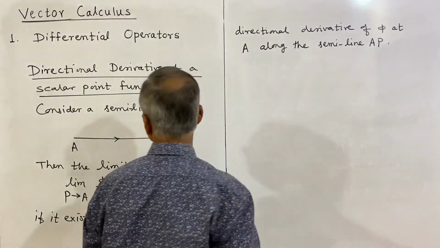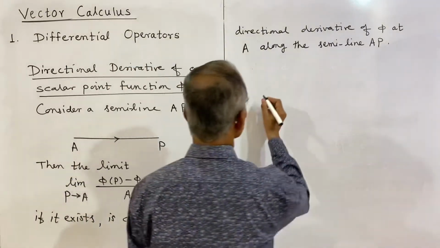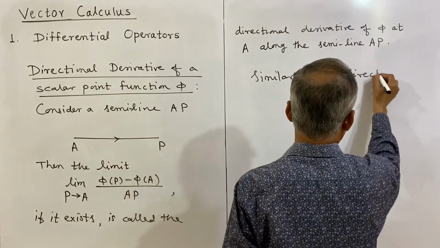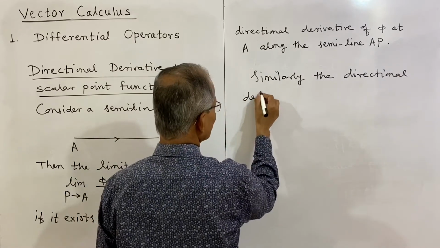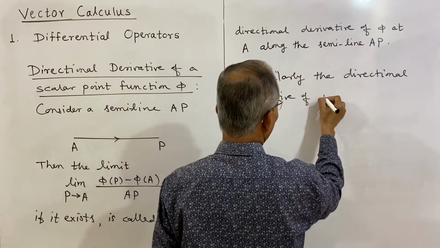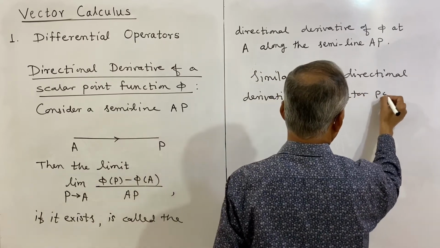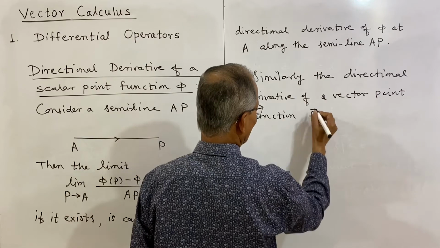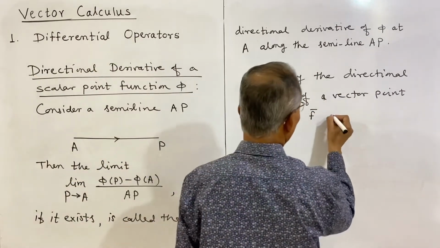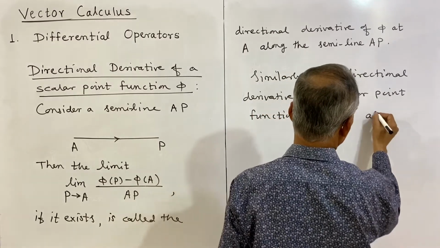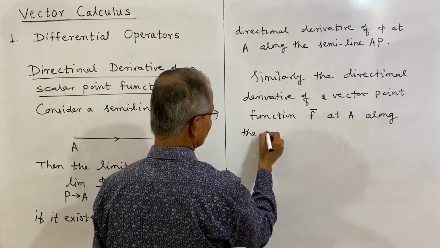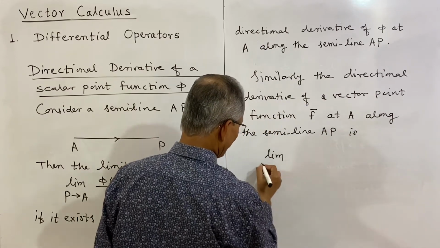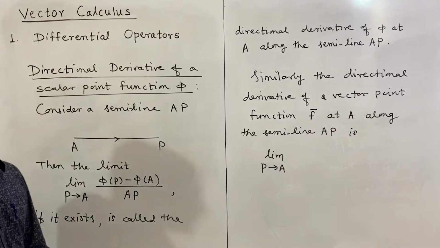Now similarly, what will be the directional derivative of a vector point function, which we denote by f bar, at point a along the semi-line AP? It is limit p tends to a, only phi is to be replaced by f bar.